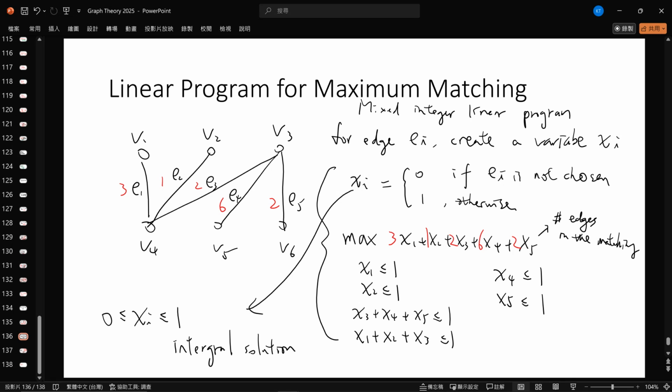This is the objective function. And then we have to consider the constraints. So what are the constraints? For the maximum weighted matching problem, the constraints are the same. For every vertex, we can choose at most one of its incident edges. So we have the same set of constraints. This will be the primal problem for maximum weighted matching.